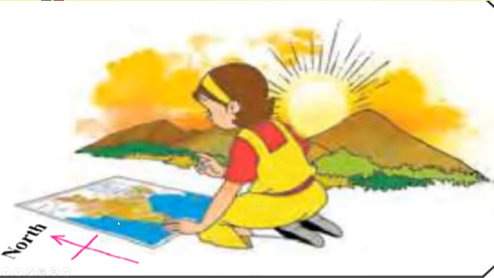Children, look at this map. This is north, south, east, west. You can see the sunrise. The east is to the sunrise.